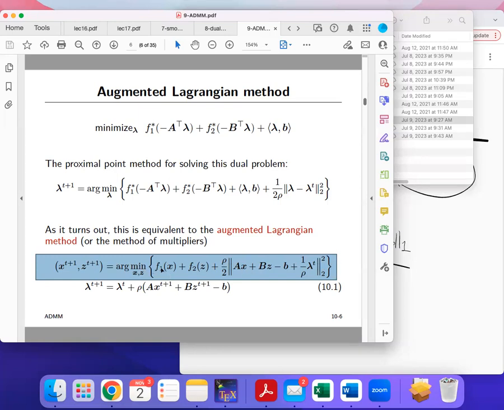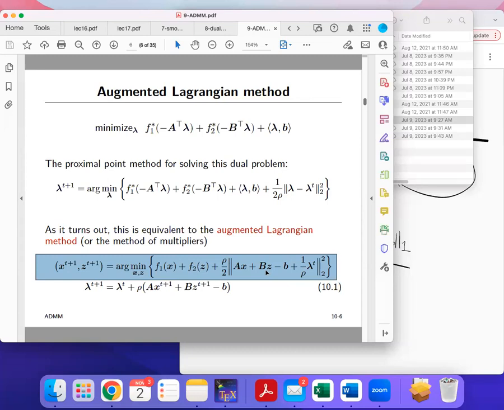I just minimize F1 of x separately, and minimize F2 of z separately. But now inside this quadratic term, we have A times x plus B times z. So this A and B will couple all the coordinates in x and z. Then the entire problem, everything will be coupled together.